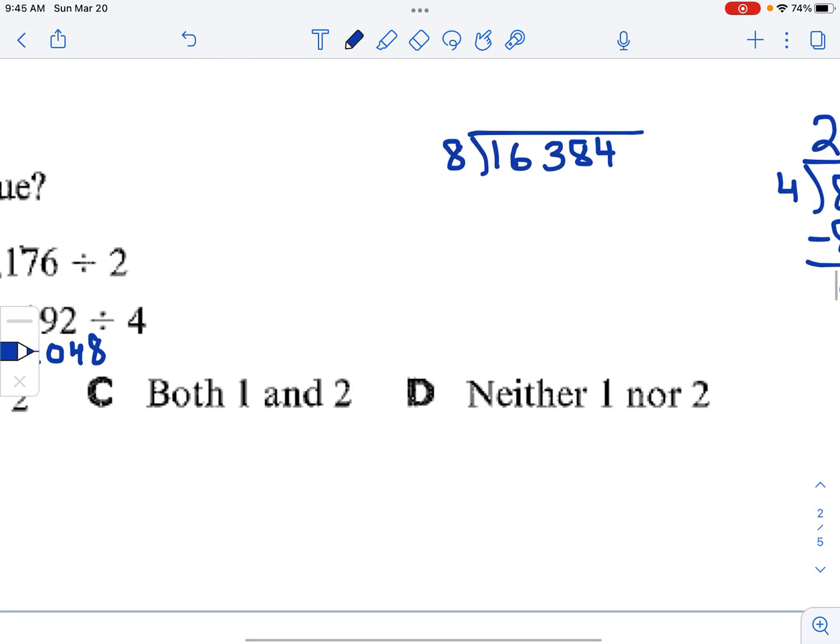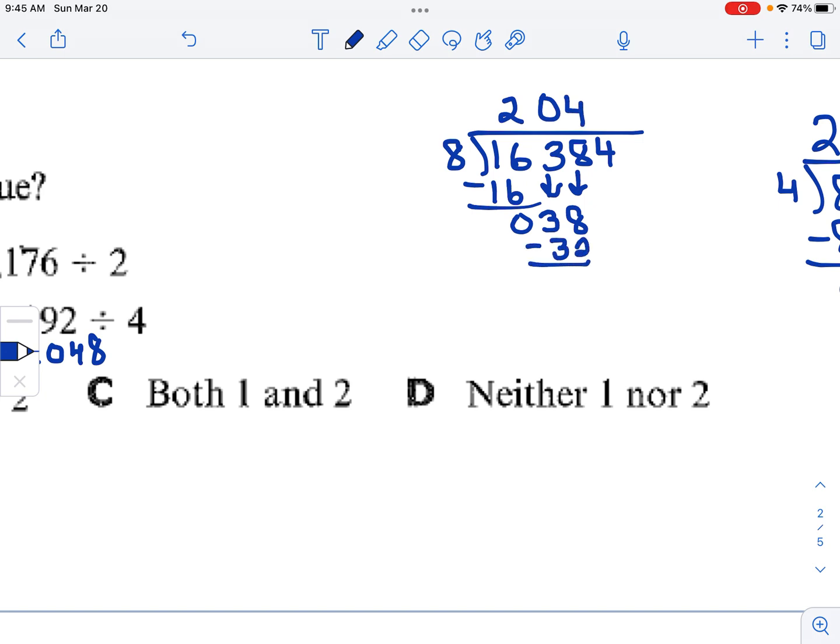All right, so 8 goes into 16 twice. That's 16. I'm going to bring the 3 down. 8 can't go into 3. We'll put a placeholder there. I'm going to bring the 8 down. 8 goes into 38 4 times. That's 32. When we subtract, we have a difference of 6.